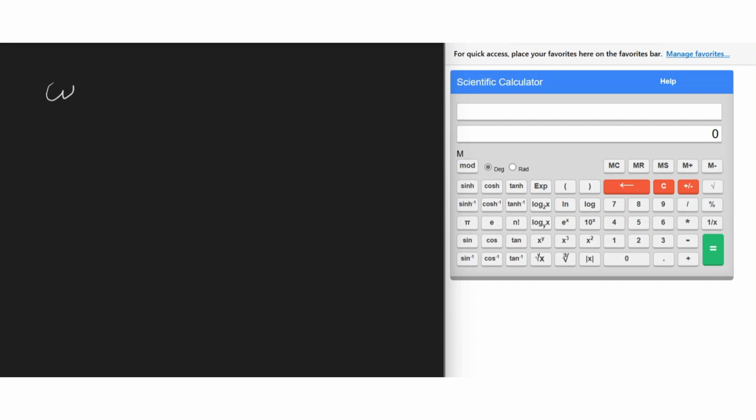Let's see some inverse trigonometric functions. Suppose I need to find cos inverse of 0.36. I can find it in degree or in radian, whatever value I need. Suppose I'm finding it in degree, then my calculator is set in degree mode.